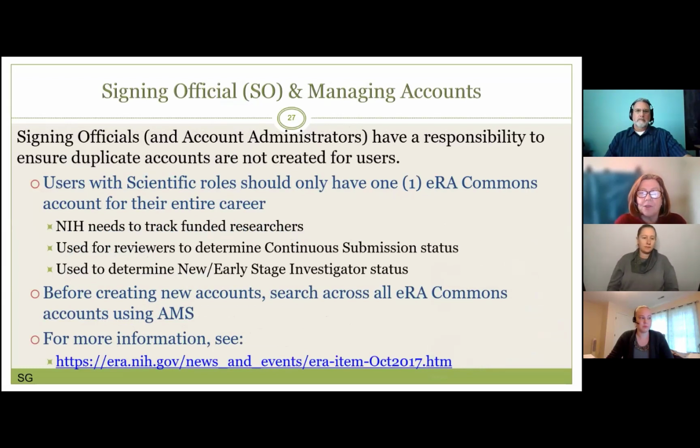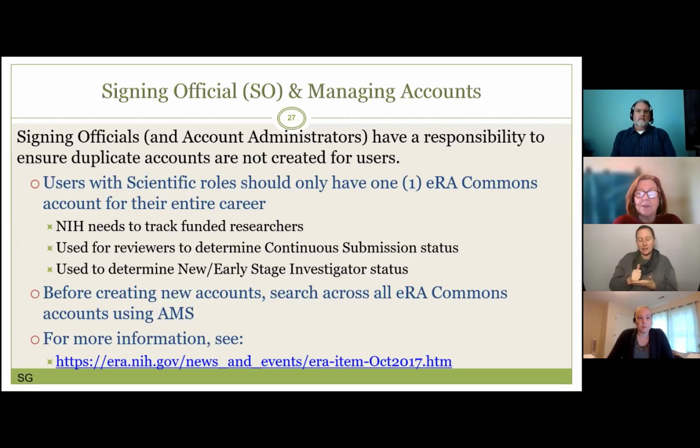Basically, signing officials and account administrators have the responsibility to set up accounts. And for scientific roles, we ask that the user only have one role and that organizations affiliate that one particular account to their organization. And we ask that people try to not create duplicates. This is becoming more and more important as we move to two-factor authentication.